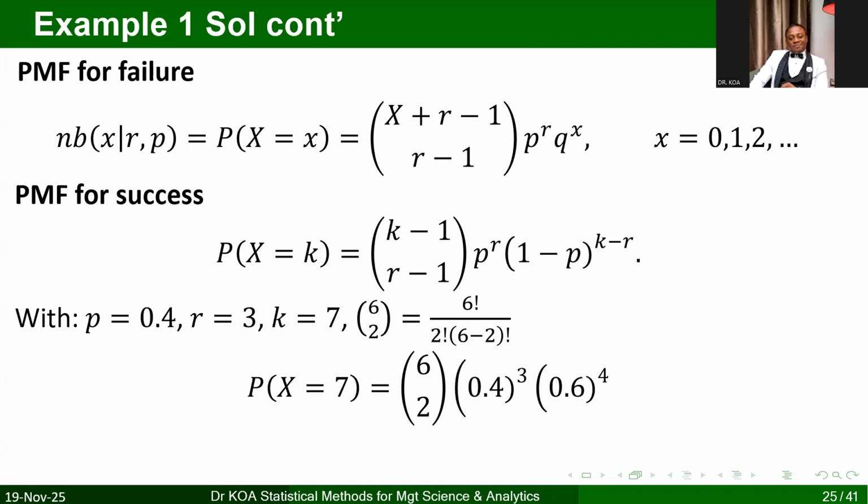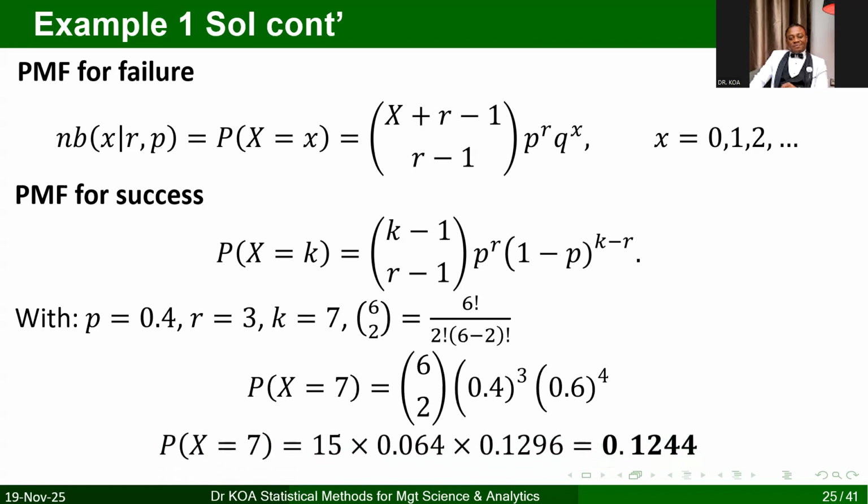So 0.4 raised to the power 3 gives 0.064, and 0.6 raised to the power 4 gives 0.1296. You multiply all of that by the 15, which is the combination you had, and that will give you 12.44%.